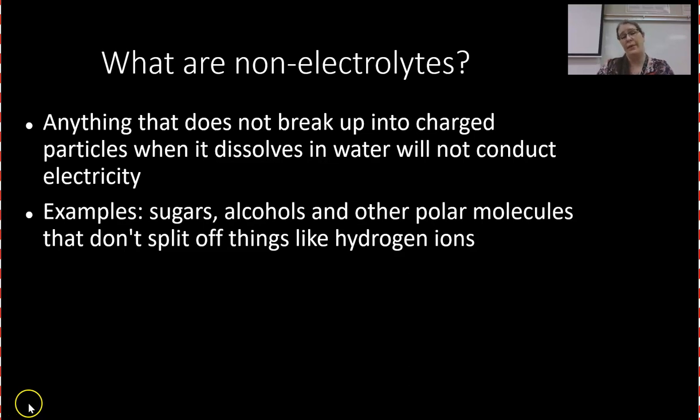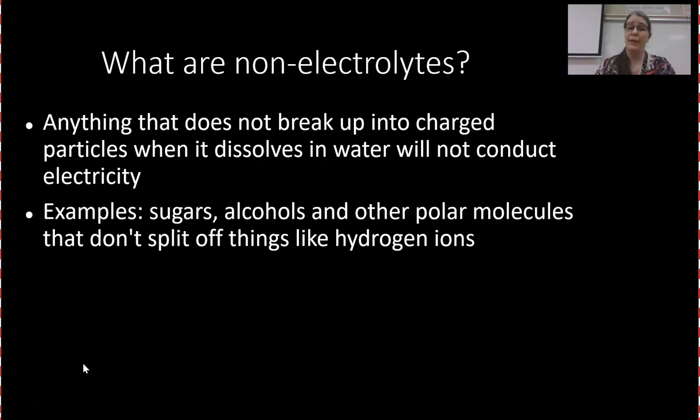Let's think a little bit about what the results of our tests have shown us. One thing we saw was that all of our molecules were electrolytes. And so let's remind ourselves of what electrolytes are and are not. Non-electrolytes are soluble covalent molecular compounds.